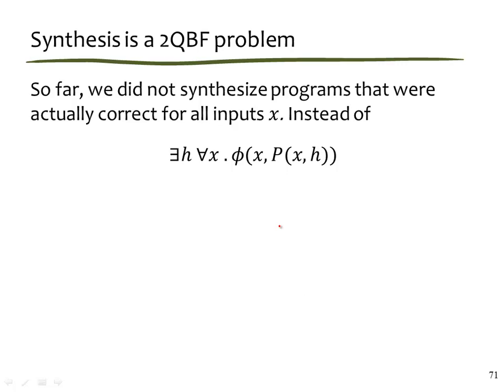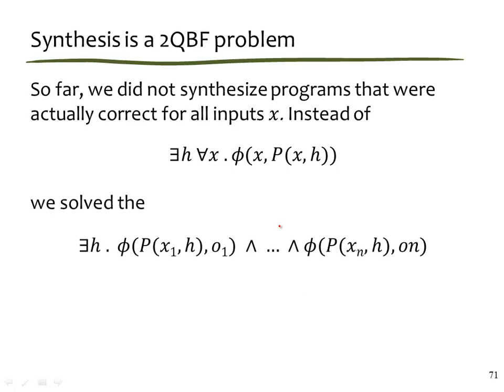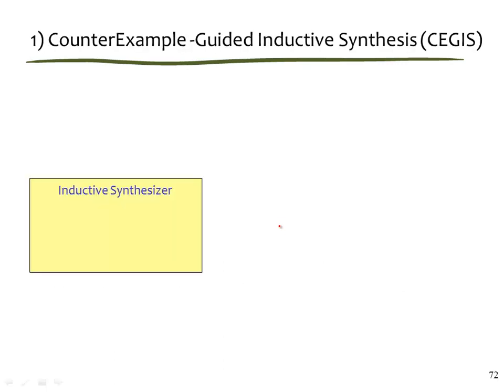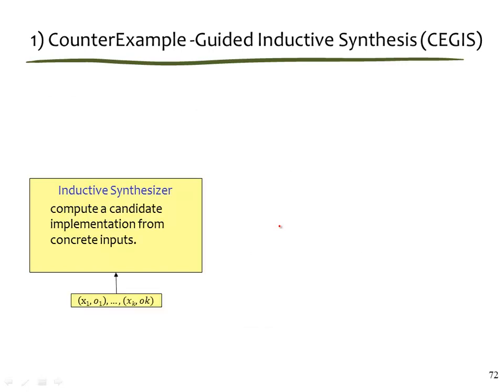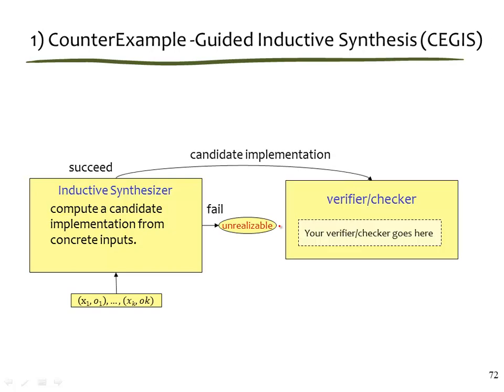So this is the problem that we want to solve, but instead we were solving a problem on just carefully selected inputs without telling you how they are selected. Here is what we've been doing so far. This inductive synthesizer accepts some input-output pairs and gives you a program that is correct on those. It can also tell you that the problem is unrealizable, say the hypothesis is invalid. You do not have an algorithm, the correct one expressed in the partial program. But if it gives you a candidate, you can send it to your verifier, checker, whatever checker of your choice, or a tester, in fact.